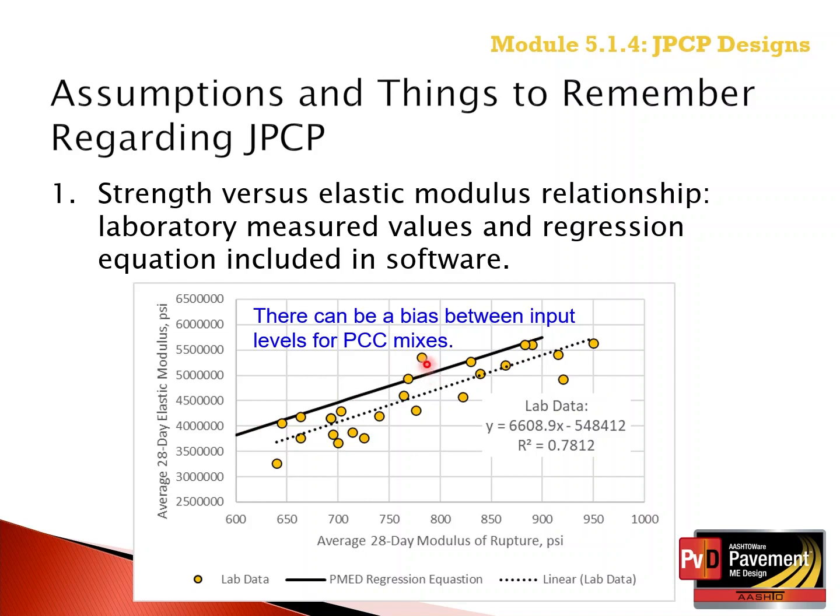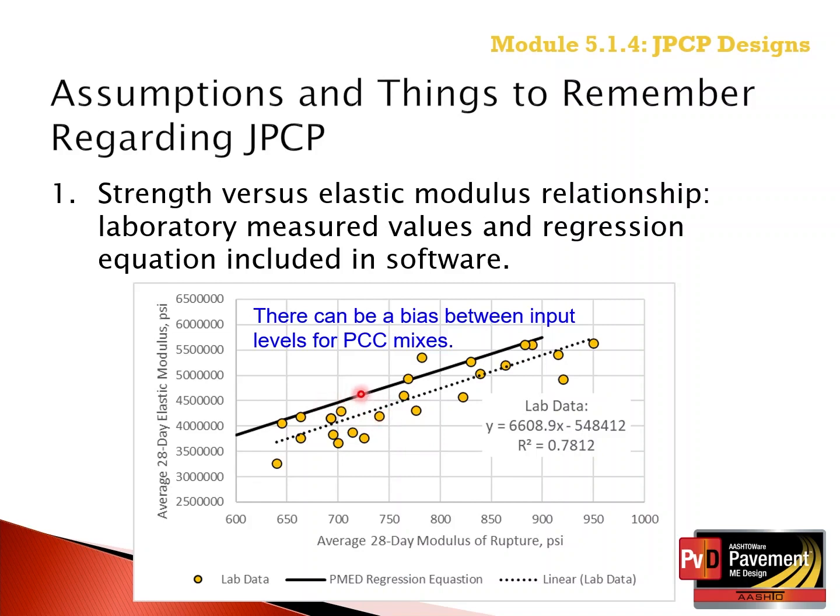And there can be a bias between the input levels for PCC strengths. To reinforce the statement previously made, if the laboratory measured values were used for input levels 1, 2, or 3, those laboratory measured values should be used in design for different types of concrete mixtures that the agency typically uses.